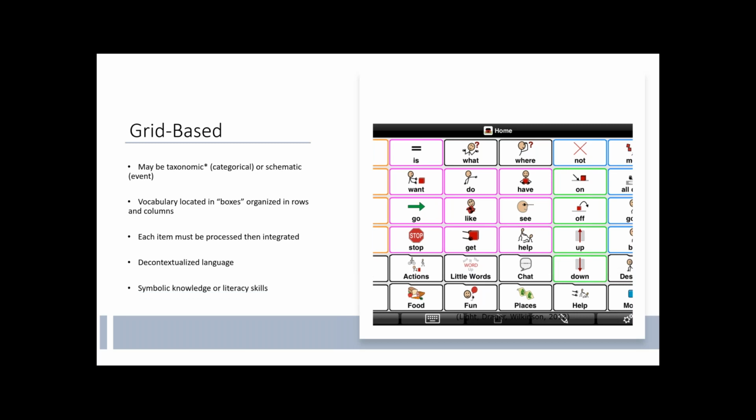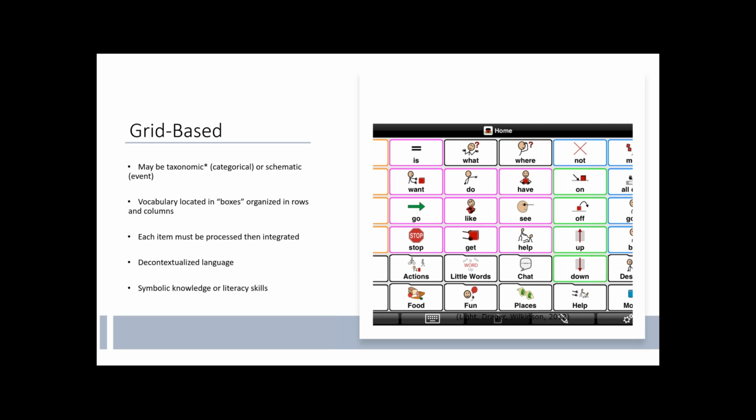Another thing that you'll see with grid-based displays is you need either some level of symbolic knowledge or some literacy skills. You have to have that concept represented somehow. So in this case, you see the displays using both. There's symbols to represent most of these concepts, as well as a word underneath it that someone potentially could be reading in order to understand what this is meaning to reference.